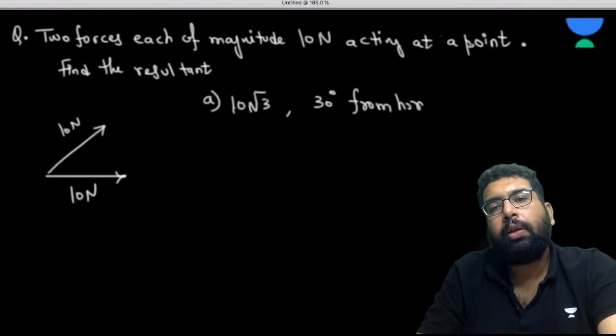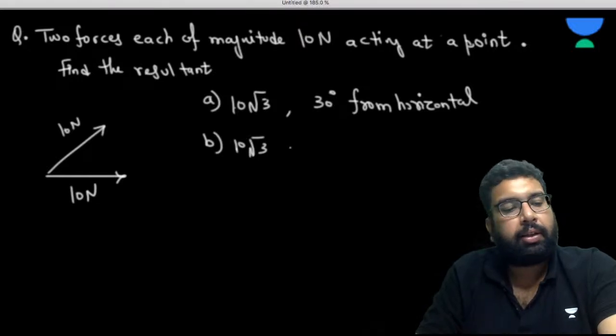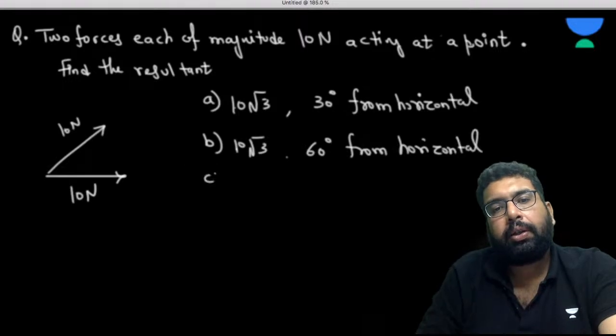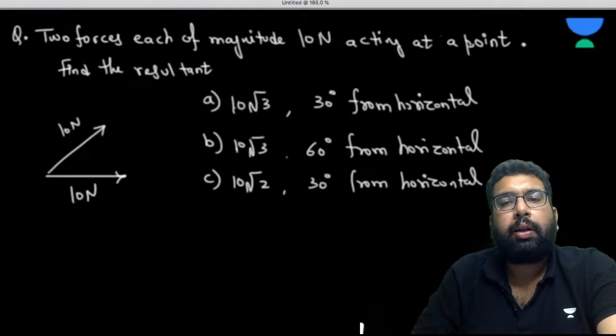It may be 10 root 3, 60 degree from horizontal. Or it is 10 root 2, 30 degree from horizontal.